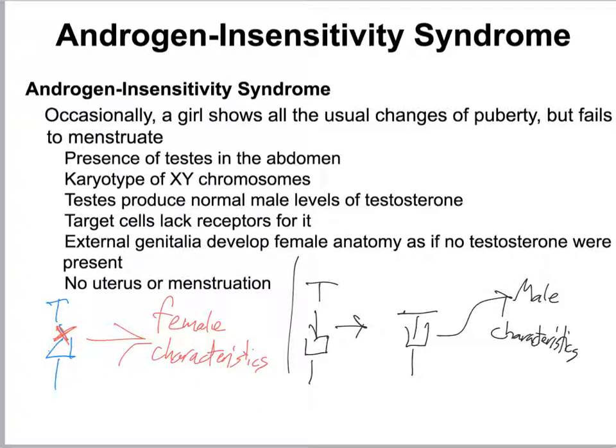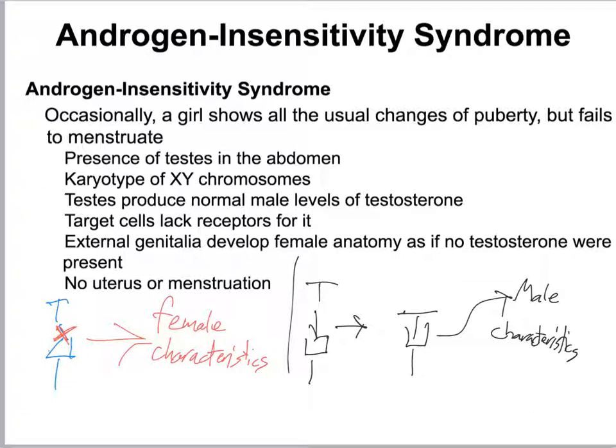Now, when I say characteristics, I'm not talking about testes, or ovary and uterus, but all of the other things. The development of those relies on this interaction between testosterone and the receptor. So in this case, even though you have testes, you have testosterone, without the ability to bind the receptor, the external characteristics develop as female.